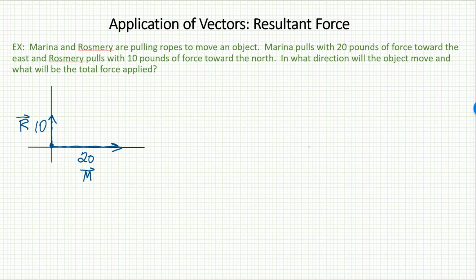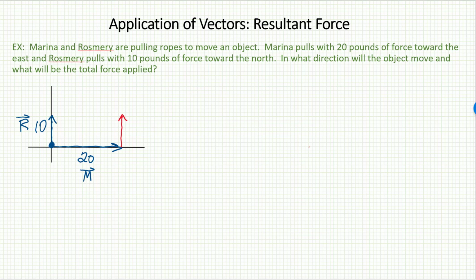So where is this thing going to go that these two people are pulling on? Well, I can find the information I want by considering the resultant vector. In other words, the sum vector. Let's draw that on. I'll use the tip to tail rule. That means I'm going to have to move the Rosemary vector to the tip of where the first vector finished.